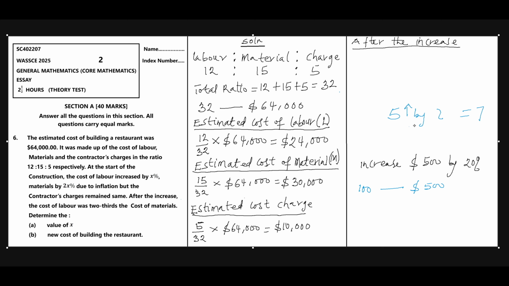That is 7. Increase goes with addition. So if you are to increase 100 by 20, then we have 100 plus 20, which is 120. So if 100 is giving us $500, then 120 will also give us a certain amount in dollars. So we have 120 out of 100 times $500, and this will give us the actual money that we are looking for.